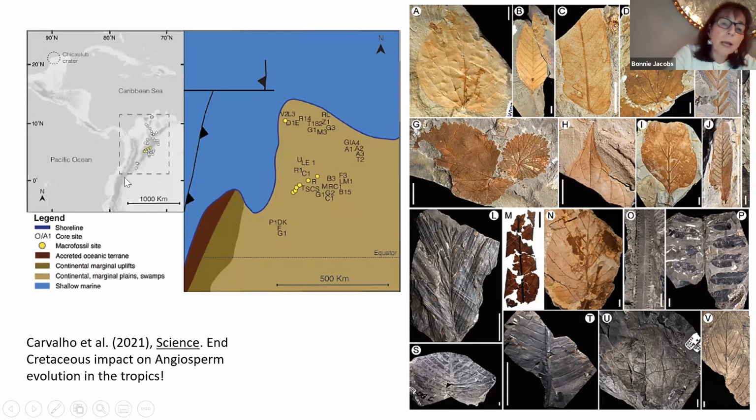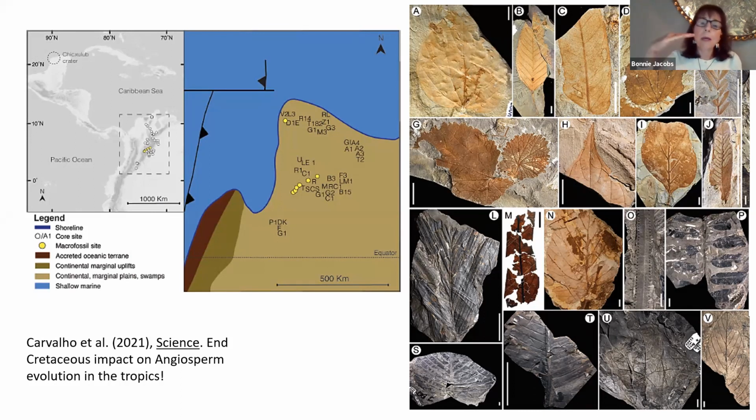And here are localities. Some of these localities have plant macrofossils, which you see on the right side, and many, many of the localities are pollen and spore localities. So they have put those together. So now from the same area, they put together all the information from pollen and spores together with the macrofossils.